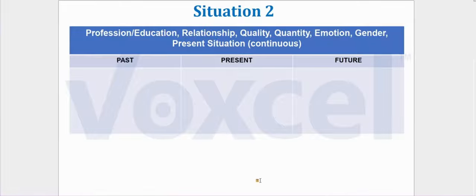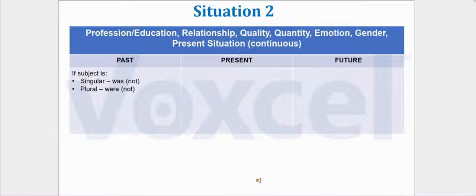Situation number 2. You will use situation number 2 when you're talking about someone's profession or education or relationship, some quality or quantity, something about your emotion, gender, or present situation. But in present situation we will talk about continuous. Clear? So let's see the rules a bit.